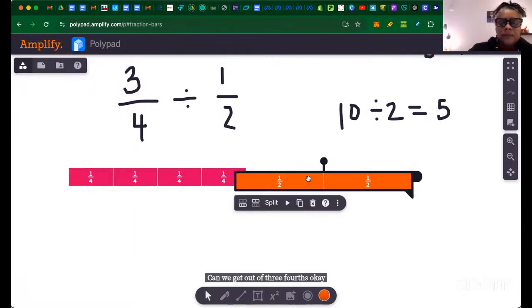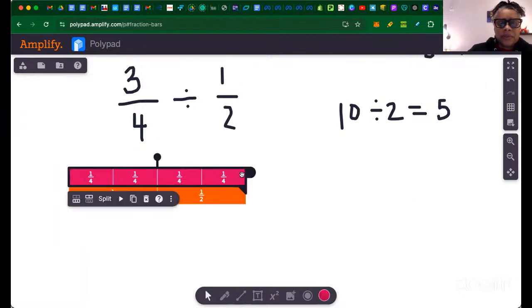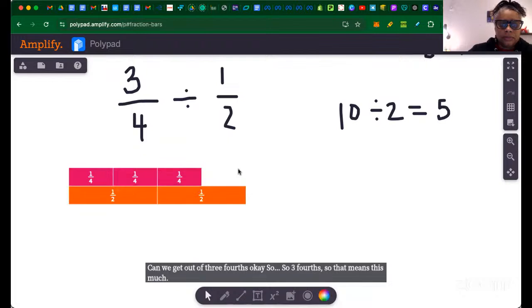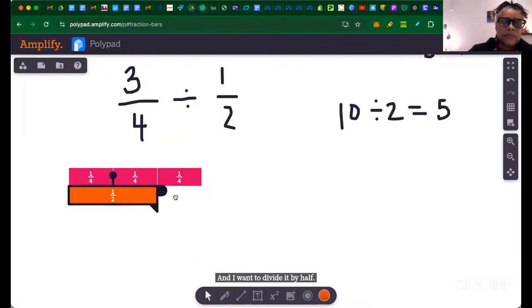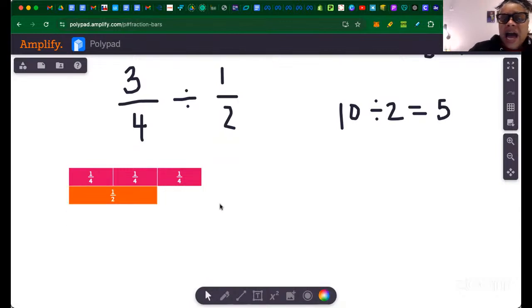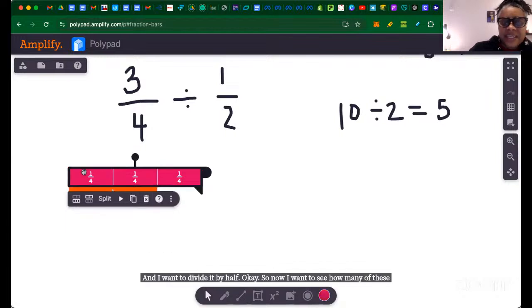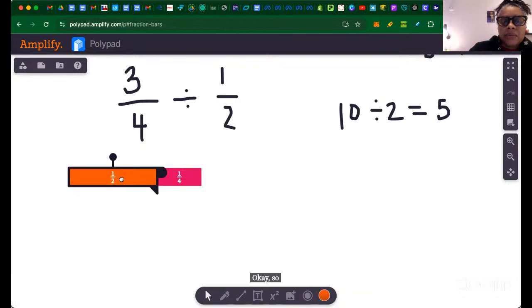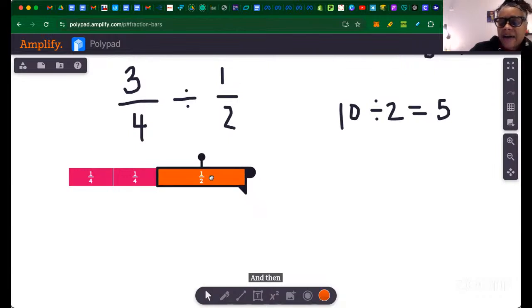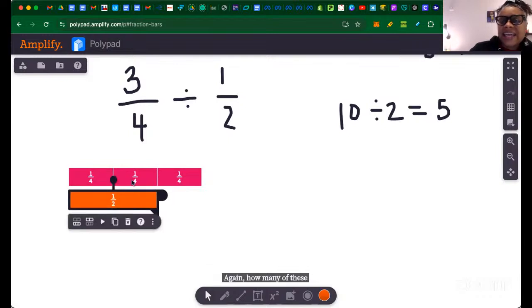So 3/4, that means this much. And I want to divide it by half. Now I want to see how many of these I can get out of this. I can get one whole one, and then I can get half of one. Again, how many of these can I get out of that?